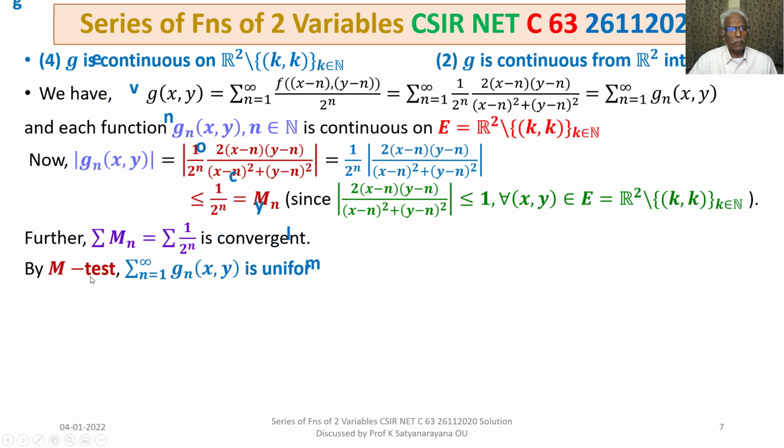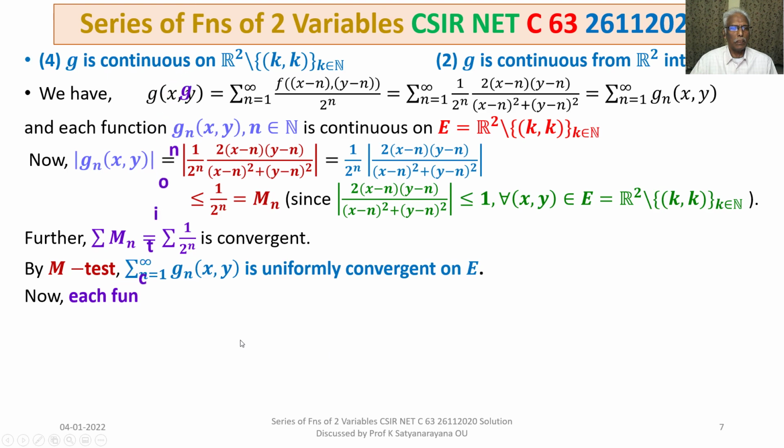By the M_n test, sigma n equals 1 to infinity g_n(x, y) is uniformly convergent on E. Now the sigma g_n(x, y) is uniformly convergent on E, and each term of the series is continuous on E. Therefore, there is a theorem called the continuity theorem that says its sum function, the sum of sigma n equals 1 to infinity g_n(x, y), the sum function g(x, y), is also continuous on E.